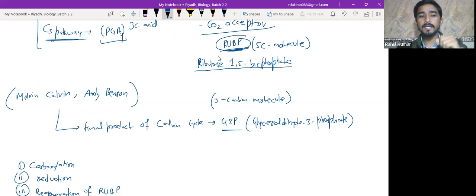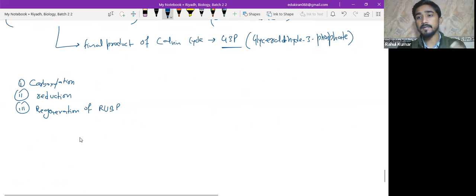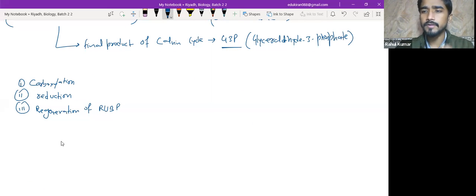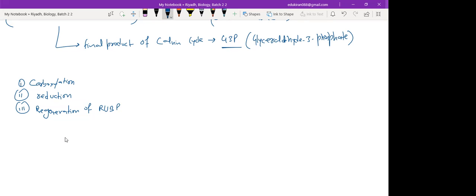So this got clear when we figured out that RuBP is again made. So clearly, logically, all this RuBP is doing is taking a carbon and fixing it, correct? Fixing it to make a 3-carbon molecule product or finally a glucose. Is it clear? Yes, sir.